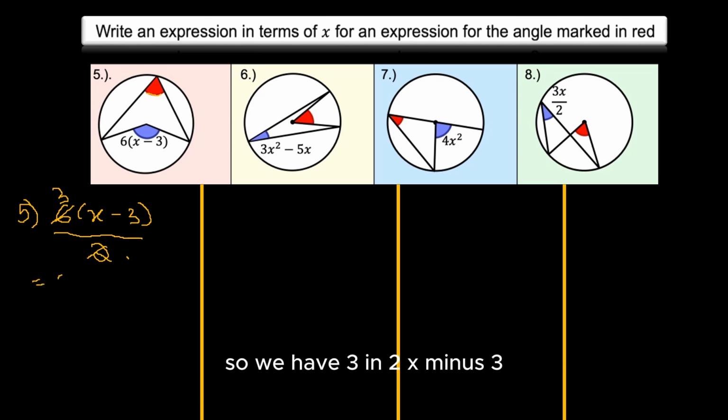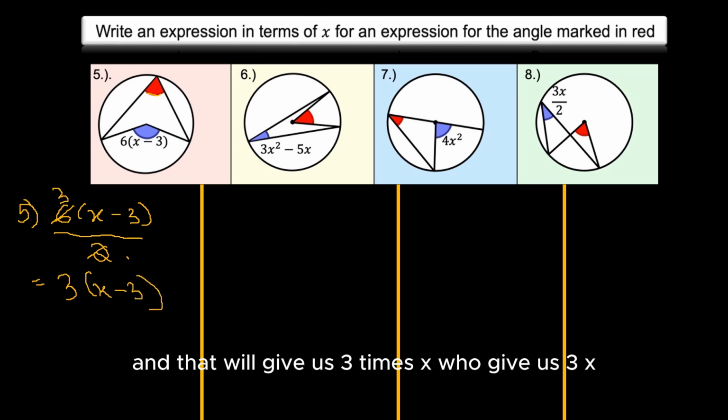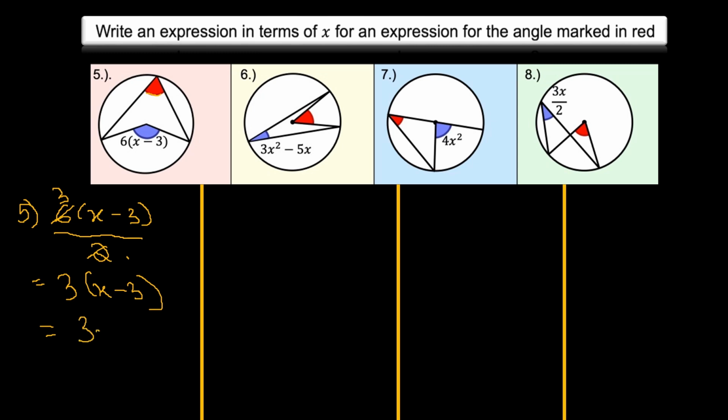So we have 3 into x minus 3, and that will give us 3 times x, which is 3x, minus 9.